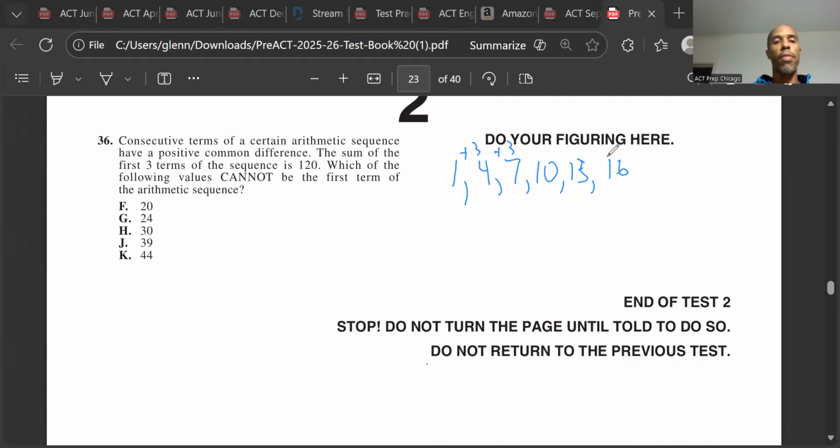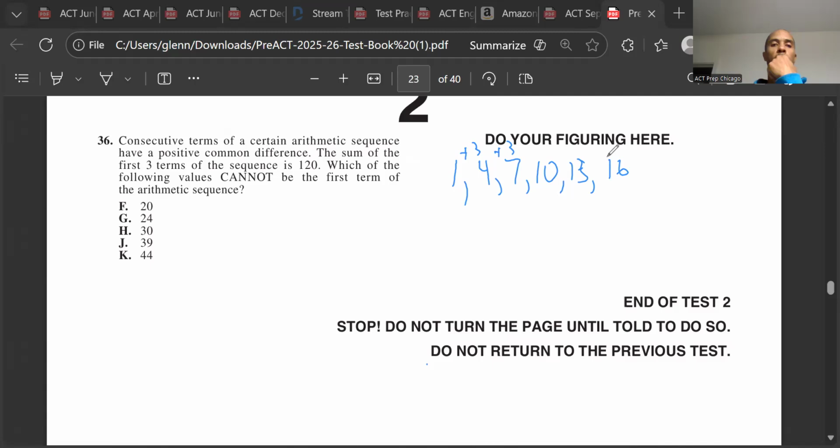The sum of the first 3 terms of the sequence is 120. We don't know the positive difference. Which of the following values cannot be the first term of the arithmetic sequence?